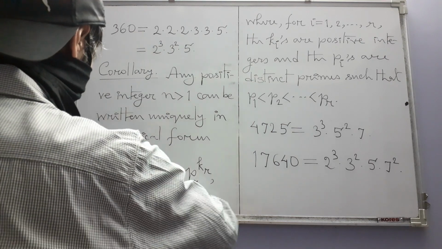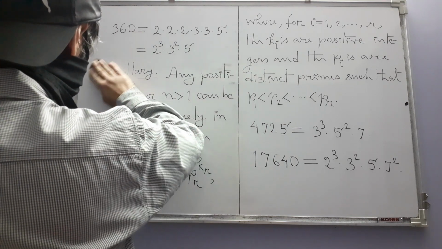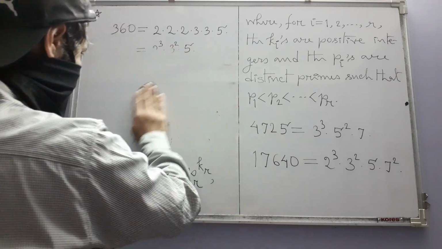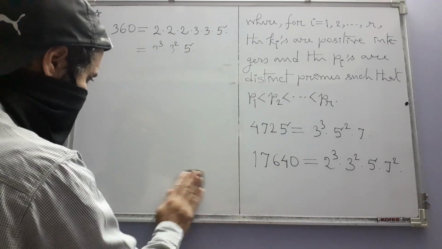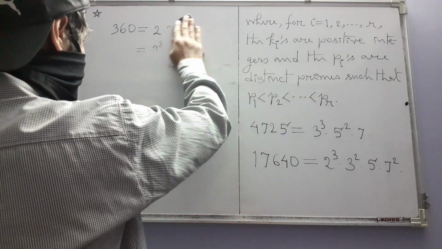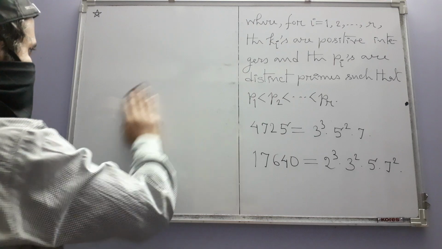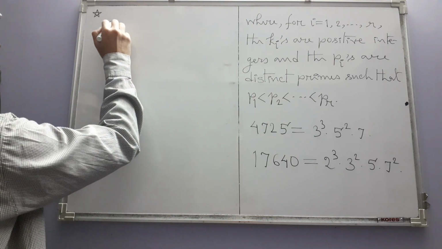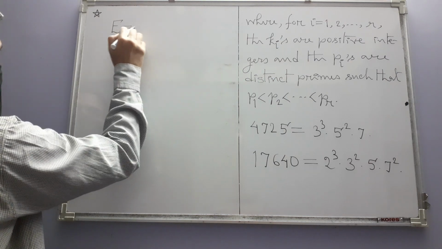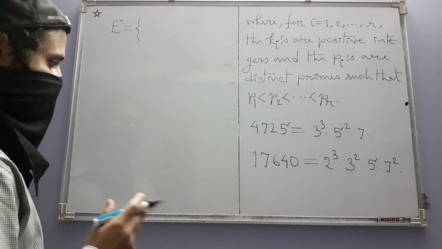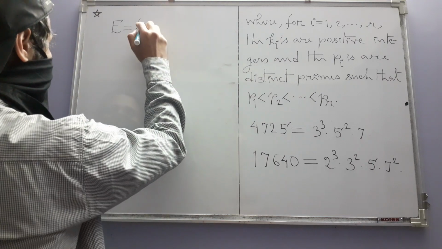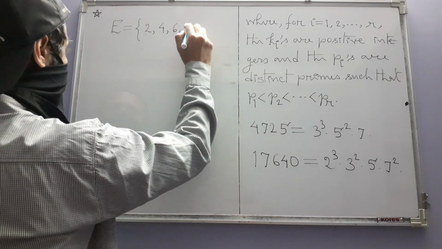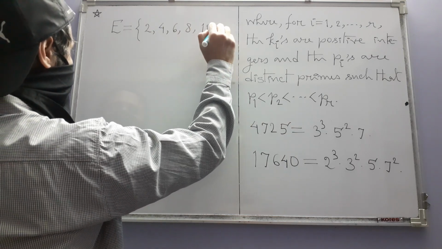Now after this, the author says that this uniqueness should not be taken lightly, because there are number systems in which this uniqueness is not there, and such an example is the set of all even positive integers, and so on.